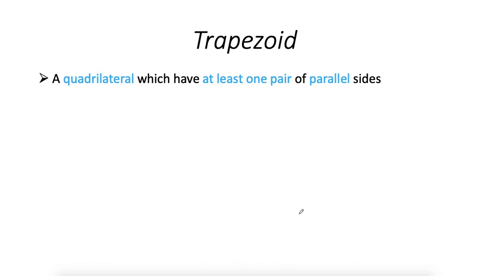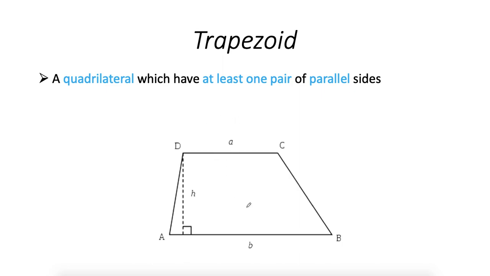Now moving to another important type of quadrilateral, which is trapezoid, or sometimes you can say trapezium. So a trapezoid is a quadrilateral which has at least one pair of parallel sides. So these two sides are parallel, and these two sides for time being are not parallel.